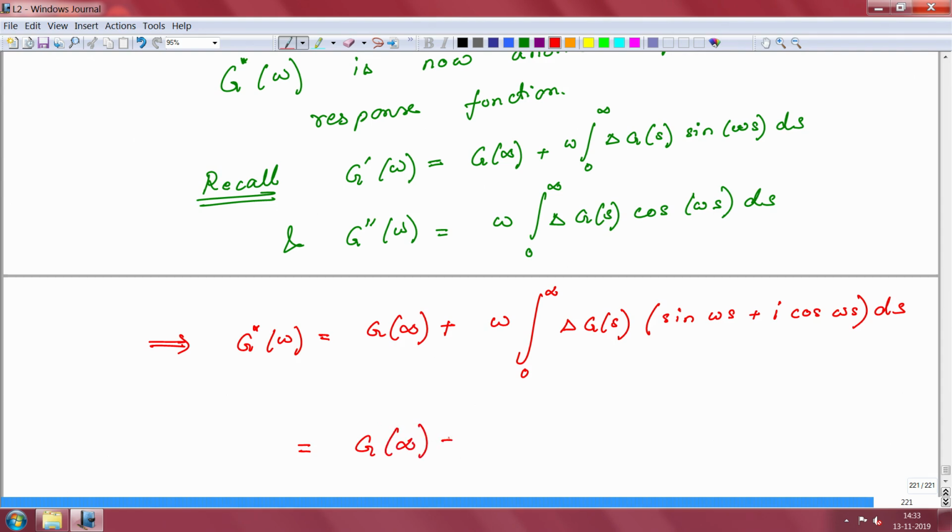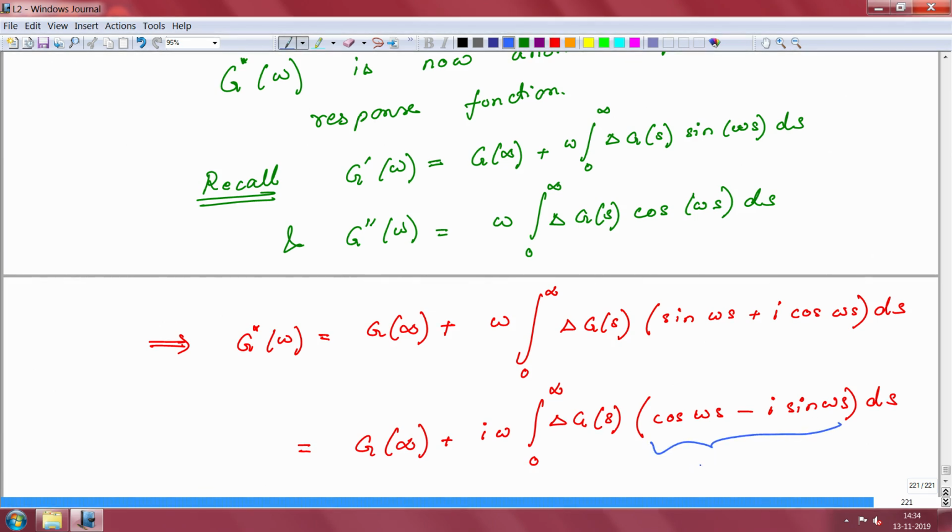So, we have G infinity, I put an I outside of the integral, and then I just rewrite the inside part, which now becomes cosine omega s minus I times of sine omega s ds, right. And this part, if you recognize, is going to be equal to e to the power minus I omega s, right.